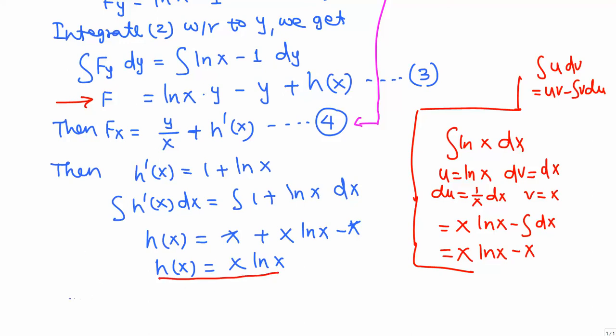Thus the solution is f equals c, which is y natural log of x minus y plus h(x), where h(x) is x natural log of x, equals c. If we had plus c1, we could have moved it to the right side. So this is final.